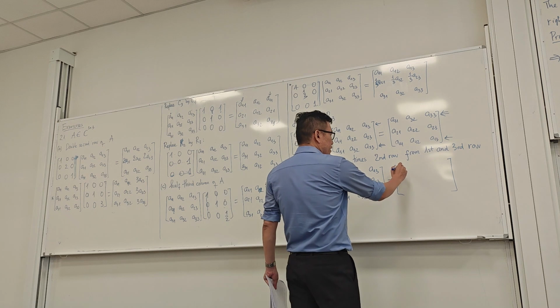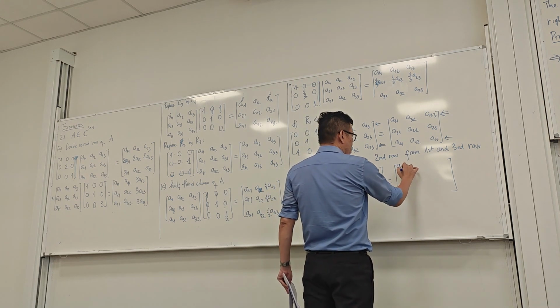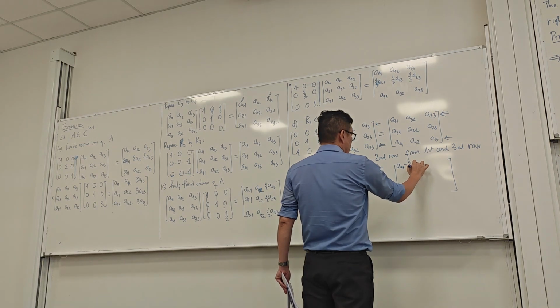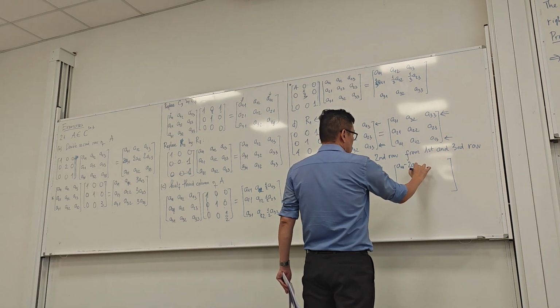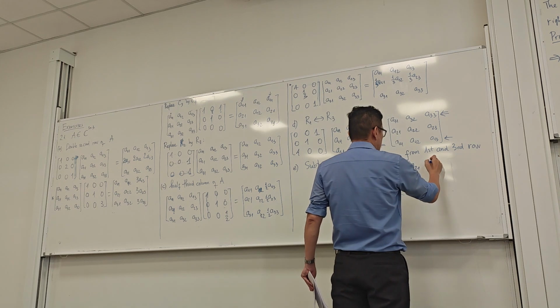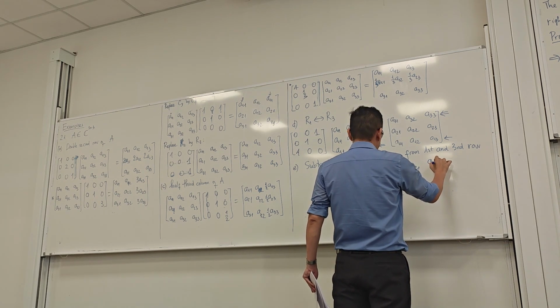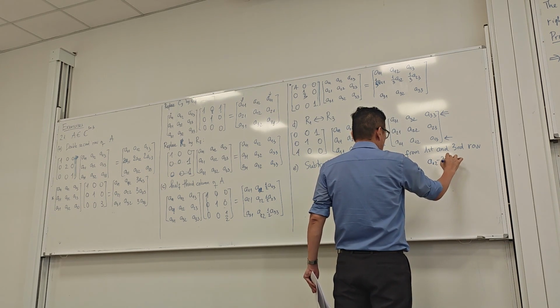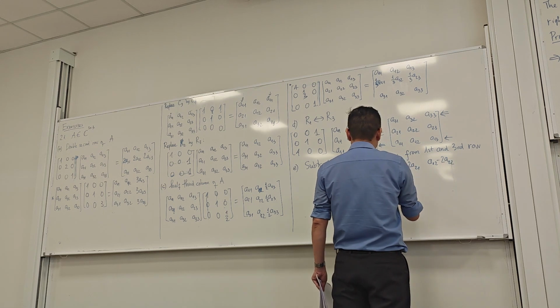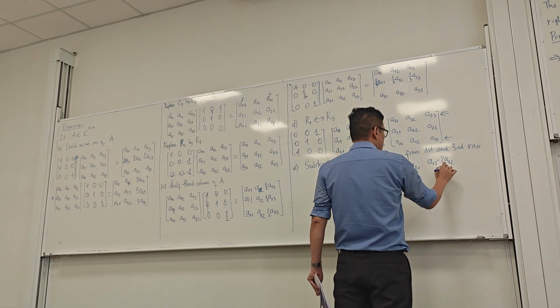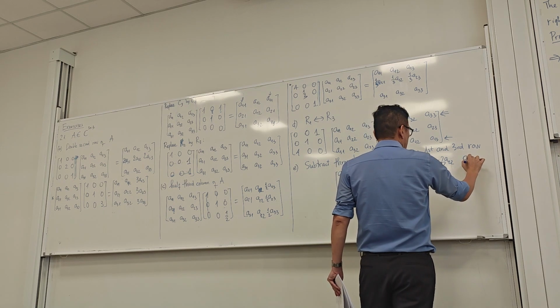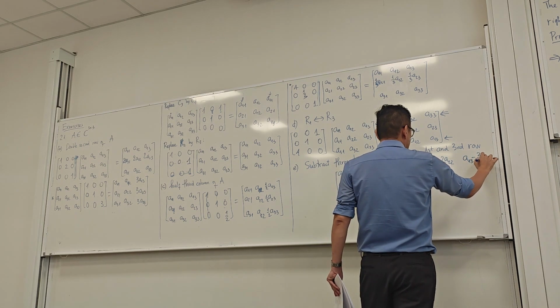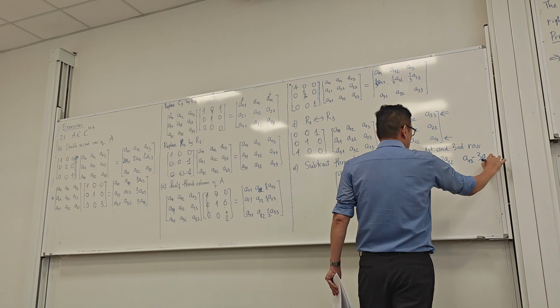So this one should be A11 minus 3 times A21. And here I want A12 minus 3 times A22, and A13 minus 3 times A23.